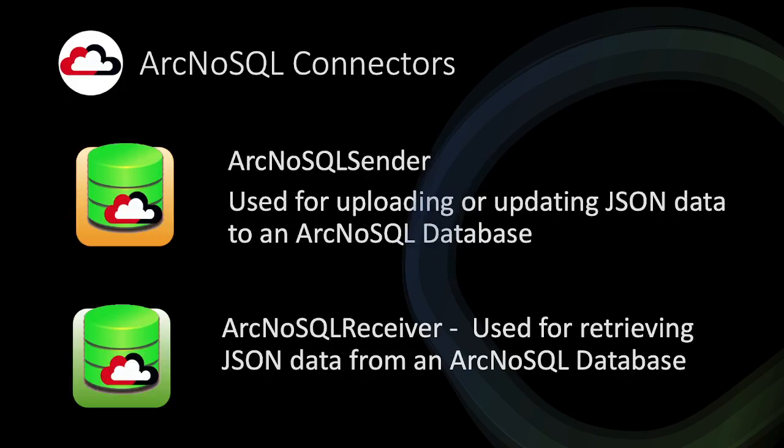And we have two connectors that are used to manage data in ArcNoSQL database. The first one is the ArcNoSQL sender, which is used for uploading or updating JSON data to an ArcNoSQL database, and the ArcNoSQL receiver, which is used for retrieving JSON data from an ArcNoSQL database.